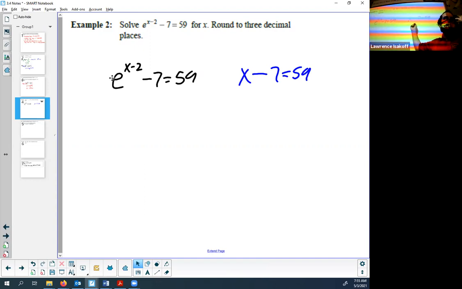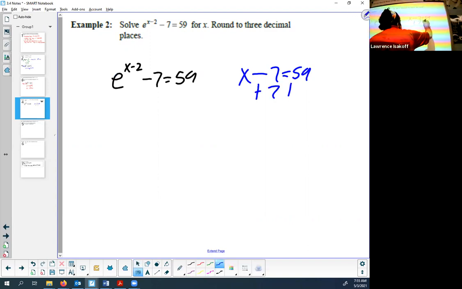Add the 7. Same idea applies here. Get the e by itself. Pretend the e's like this x here, and we're going to work on isolating that.